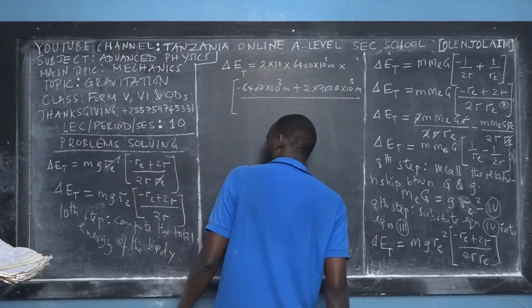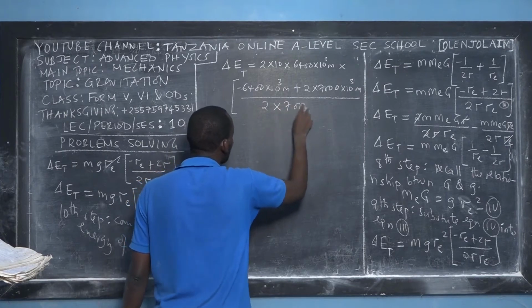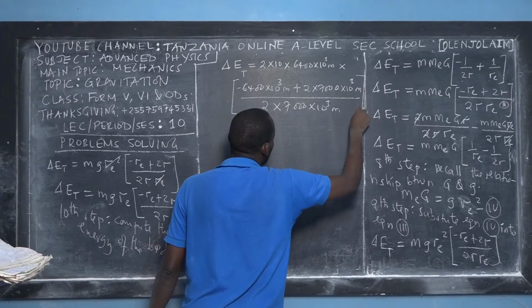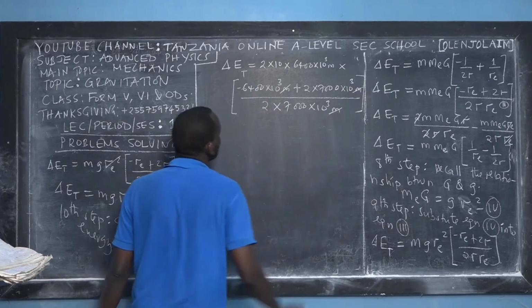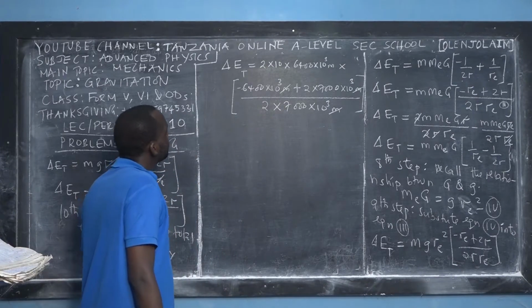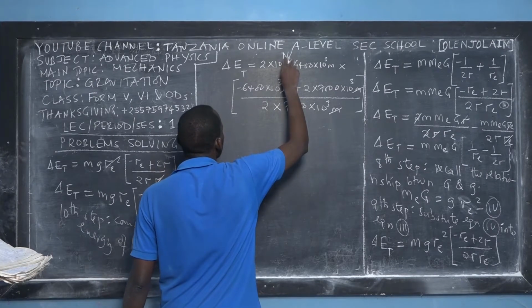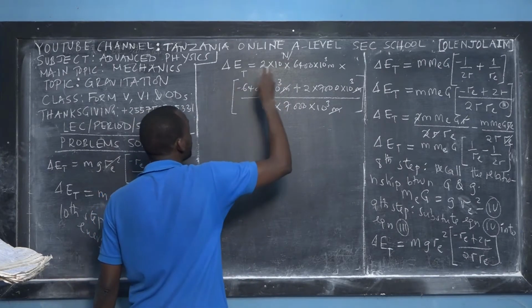And then we divide this by twice times 7,000 kilometer, which we change into meter. So this is the expression. So meter cancels, then remains meter per second squared, so we begin with this as Newton per kilogram. Acceleration, is it Newton? Yes, Newton per kilogram.